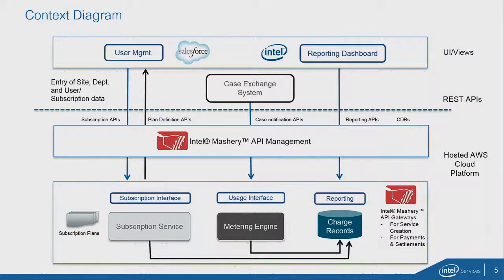Here in this example, we have a case exchange system. So think of it like, in a healthcare scenario, you have a hospital or a hospital network, and there are patient MRI images, right? Or any electronic data record or anything like that.